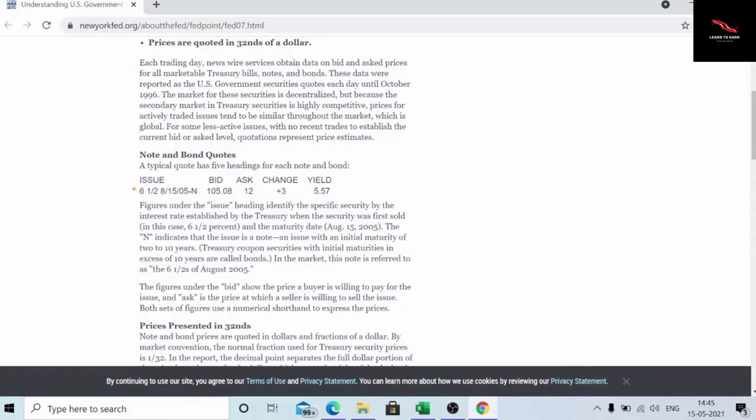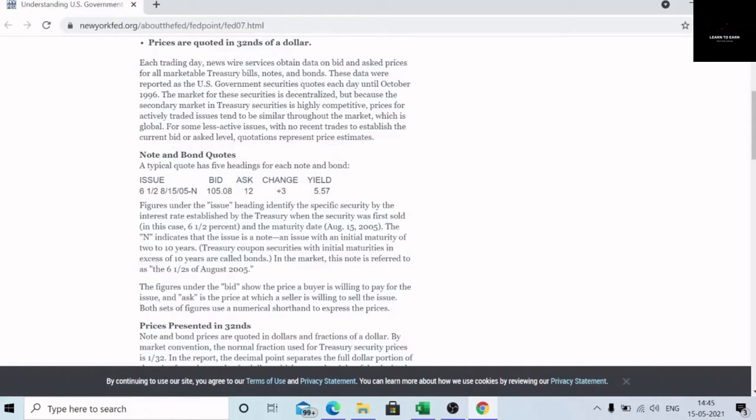You can interpret it as follows: this security is a 6.5% security, the maturity date is 15th of August 2005, and it is a note. A note is a debt instrument again, and we are not going to discuss it in detail because we will be deviating from the topic, but it is similar to a bond, and it is also a debt instrument which is floated in the market through which companies raise funds.